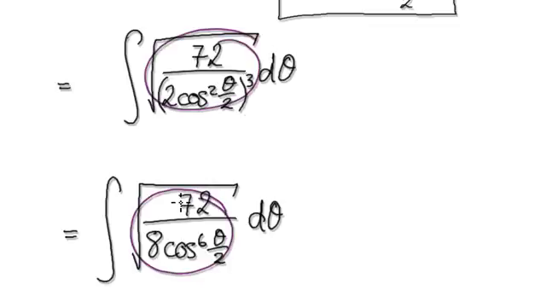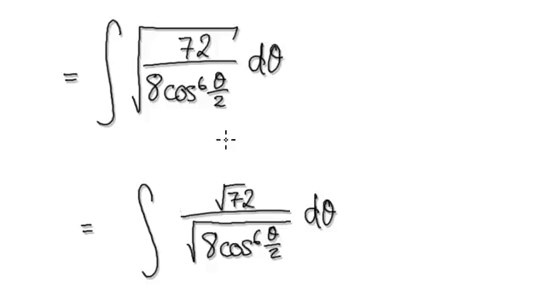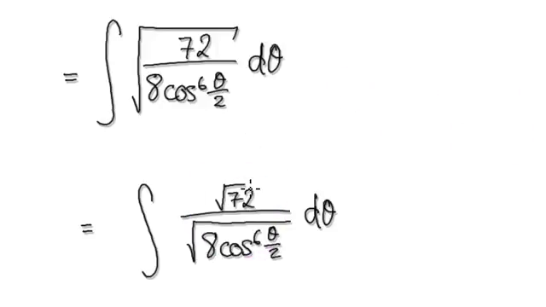So from here, that will then take you to here, and then from here, remember root a over root b equals root a over root b. Here, that will then give you this.